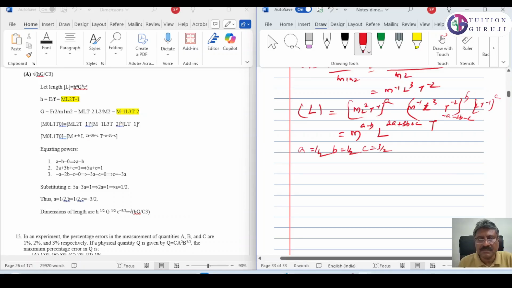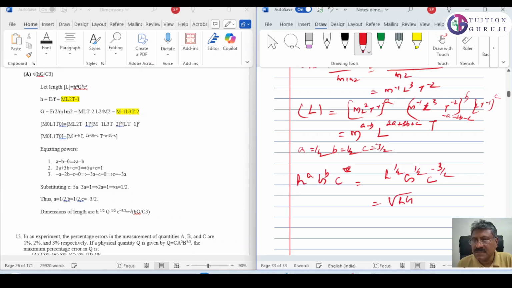So h raised to a, G raised to b, c raised to c means h raised to half, G raised to half, c raised to minus 3 by 2, which implies square root of h G by c cube.